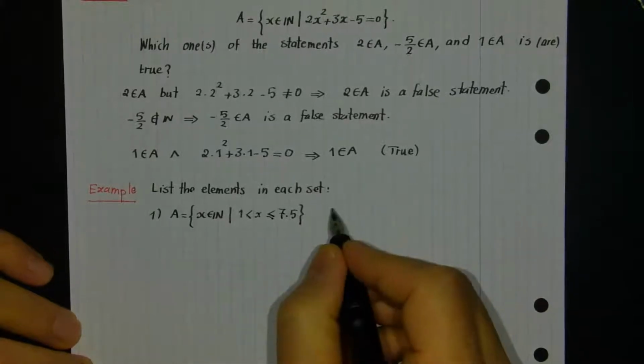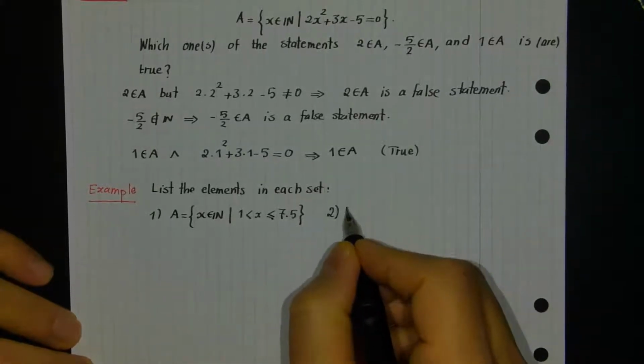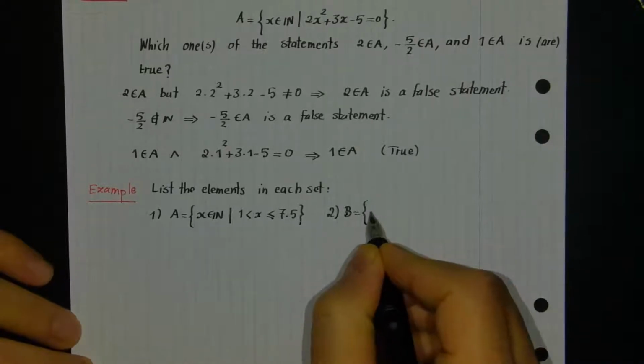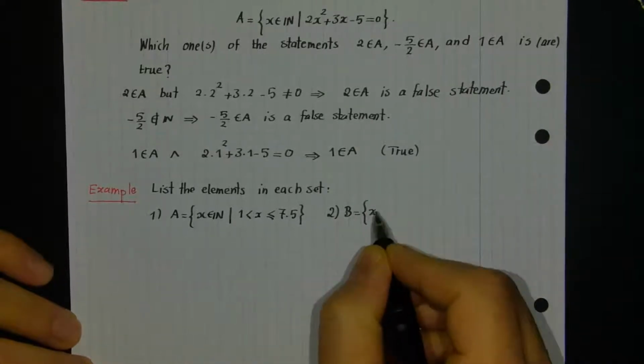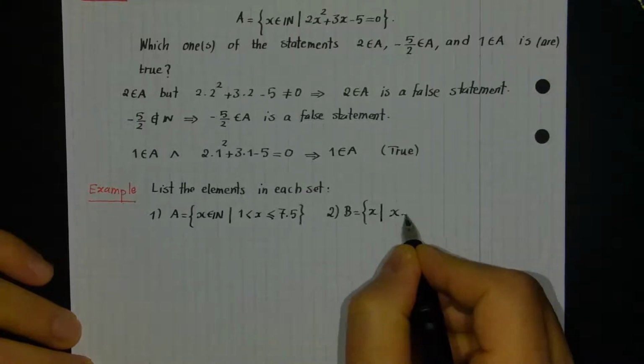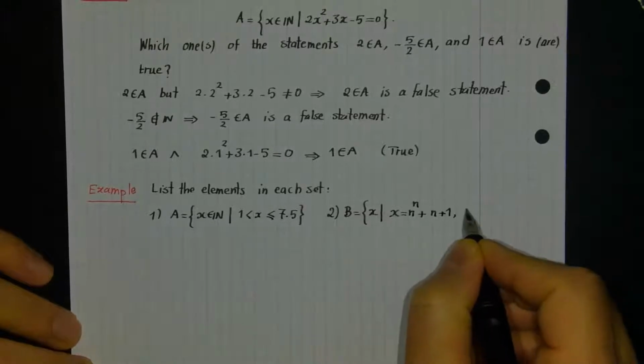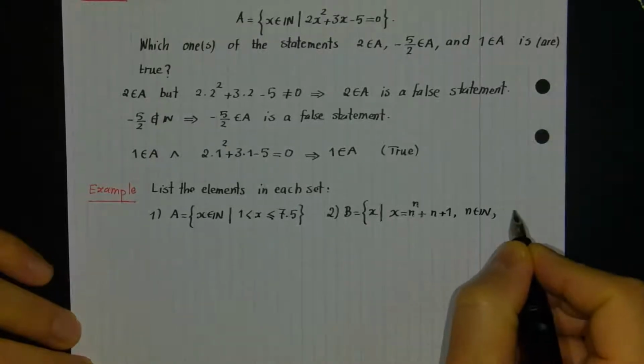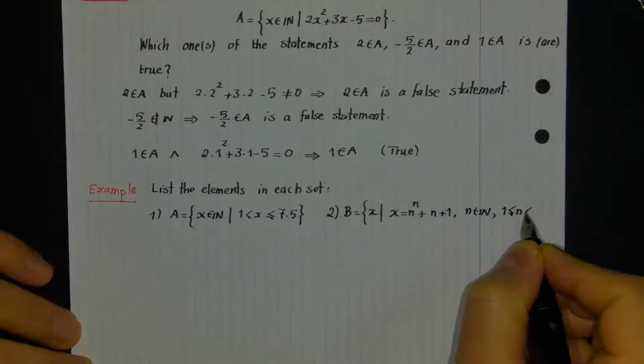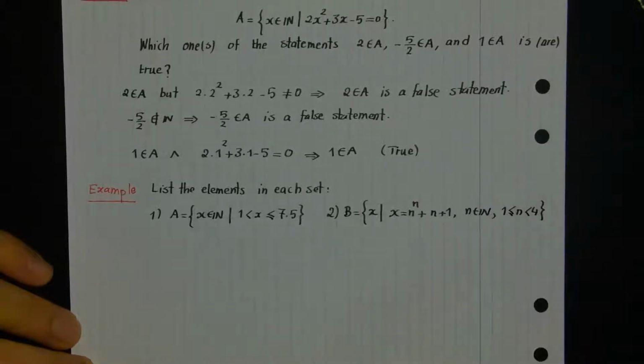And number 2, I have this set B equal to the set consisting of all x's such that x is equal to n to the n plus n plus 1, where n belongs to the natural numbers, and 1 is less than or equal to n less than 4. Okay, so these sets are defined mathematically. We are supposed to write all the elements.